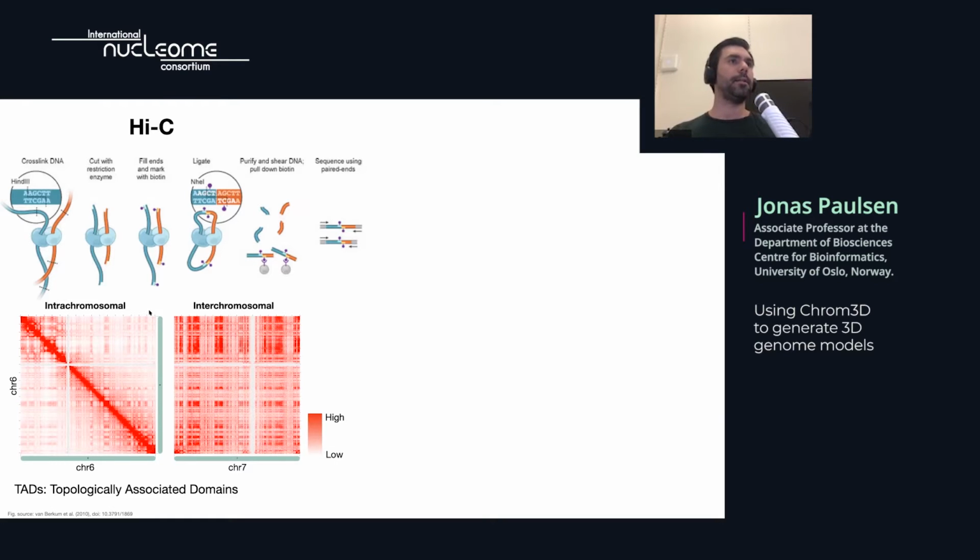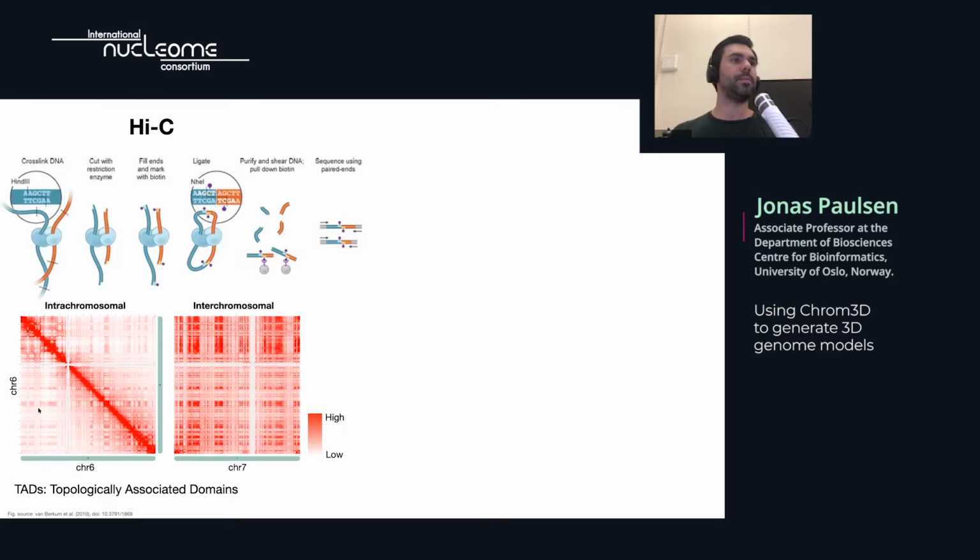In this visualization, I'm showing, for example, human chromosome 6, and you can visualize these data as a heat map, with white color indicating a low number of interactions and red color indicating a high number of interactions.